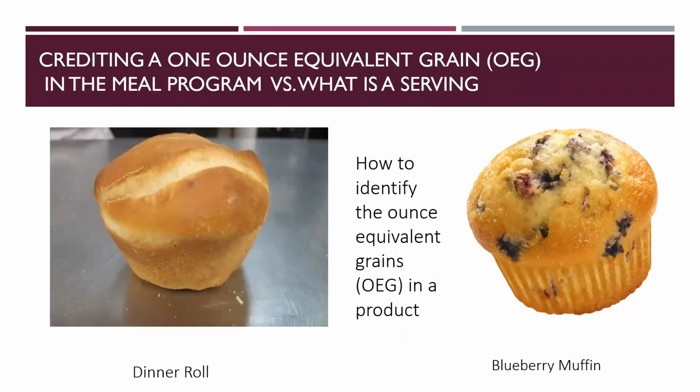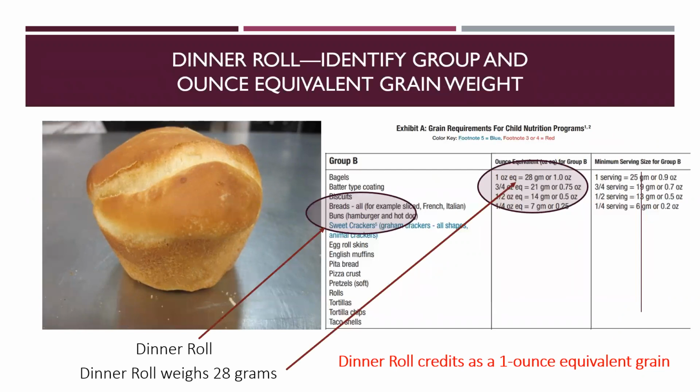Let's look at some specific food items, which group they fit under, and how to identify the ounce equivalent grains they can credit for. Remember, we've already identified that this particular dinner roll meets the criteria as either a whole grain or whole grain rich item. Now we need to identify how many ounce equivalent grains it contributes to the meal pattern.